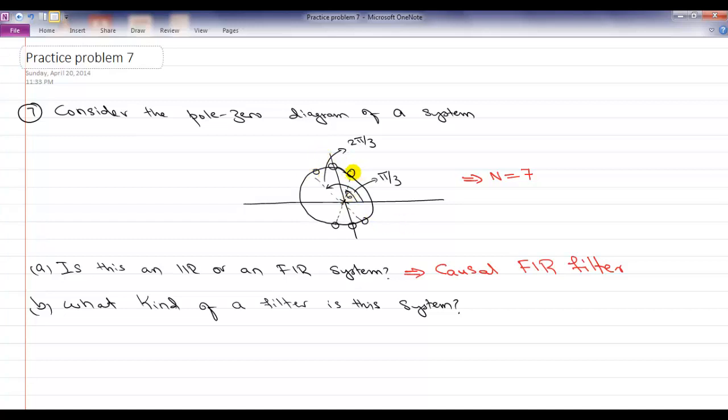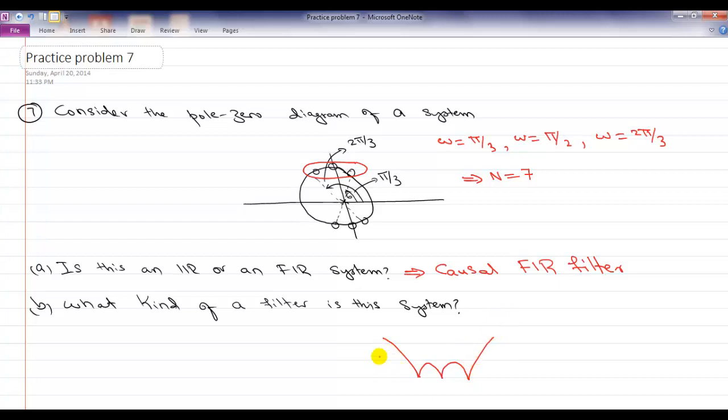This has 3 zeros in the omega equal to pi by 3, omega equal to pi by 2, and omega equal to 2 pi by 3 region, and similarly in the negative side. So if you think of it, it is hitting zeros at omega equal to pi by 3, then pi by 2, then 2 pi by 3, and then it's going back up.